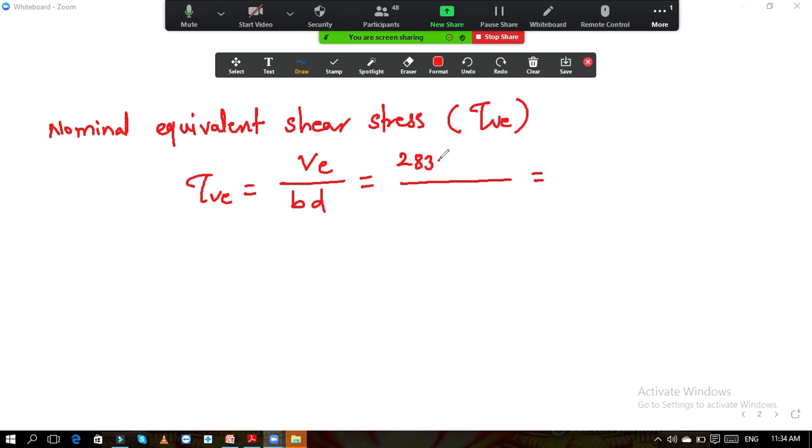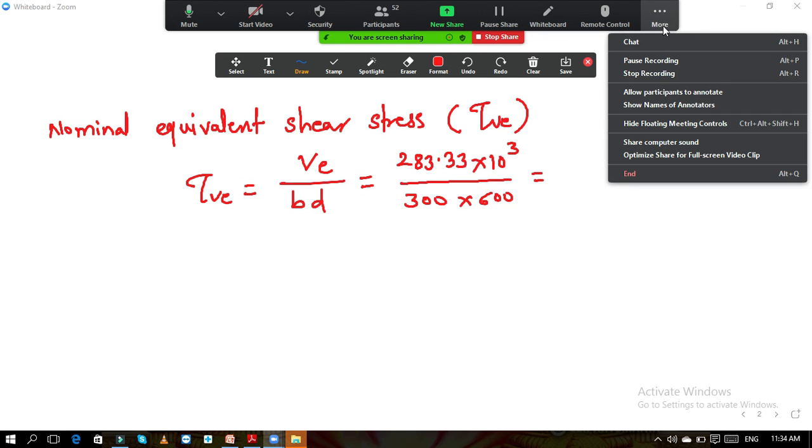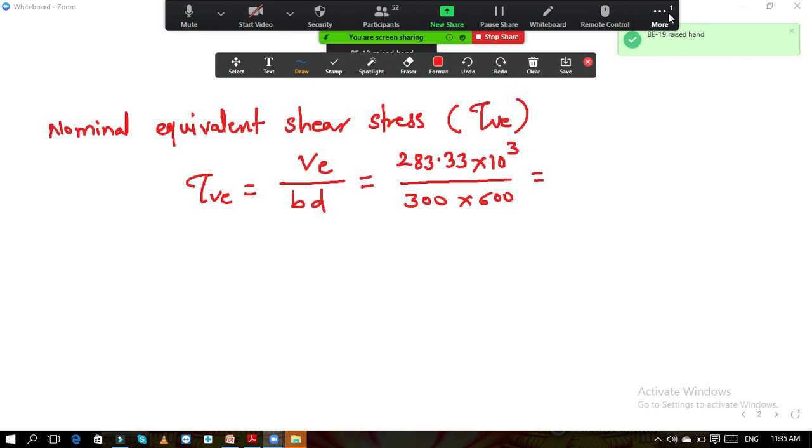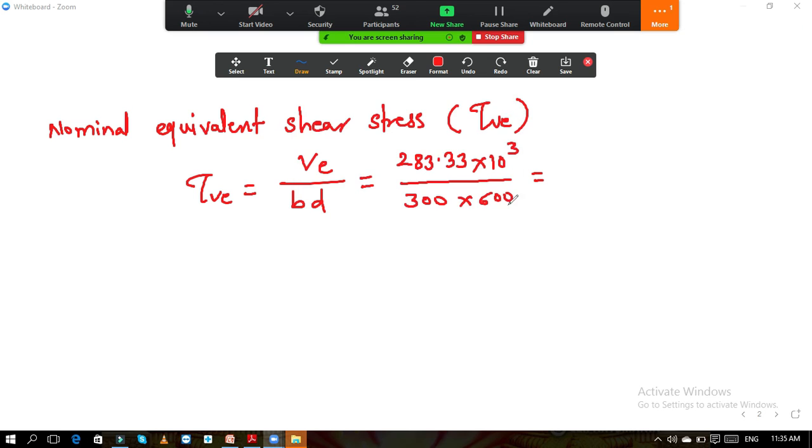So it is 283.33 into 10 raised to 3, and in mm we can write 300 into 600. If you solve this, you will get the value in Newton per mm square. What is the value? 1701.7. Tell me the answer in Newton per mm square. 1.57. Okay, so 1.57 Newton per mm square.